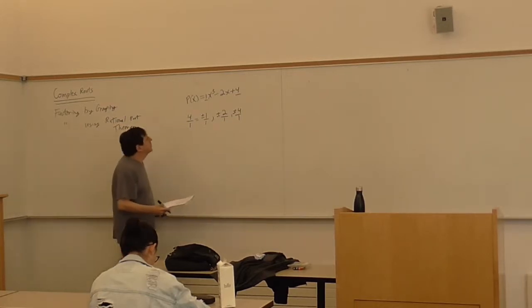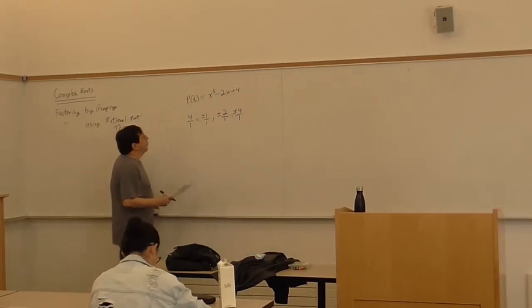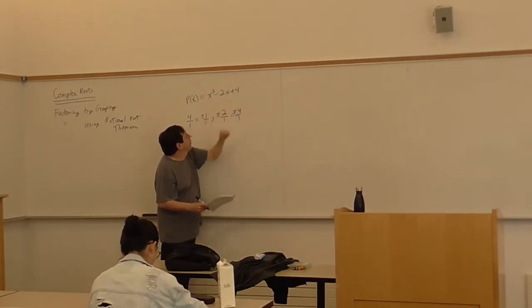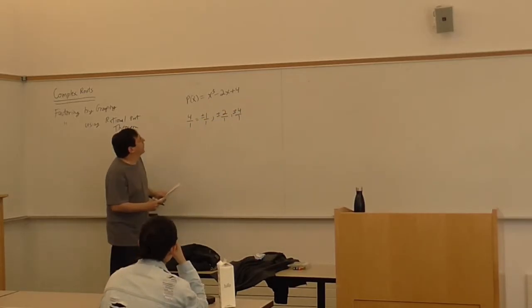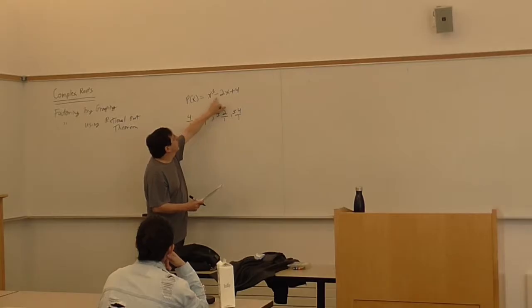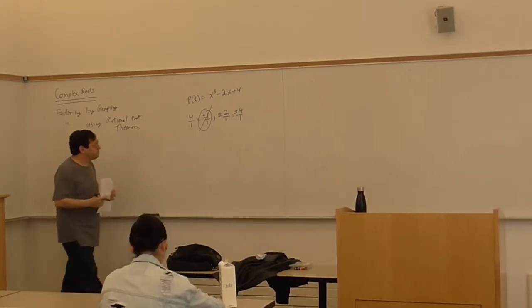Right, let's go for easy. 1 minus 2 plus 4. That didn't work. Minus 1 cubed minus 1 plus 2 plus 6. That didn't work. So the ones are out.